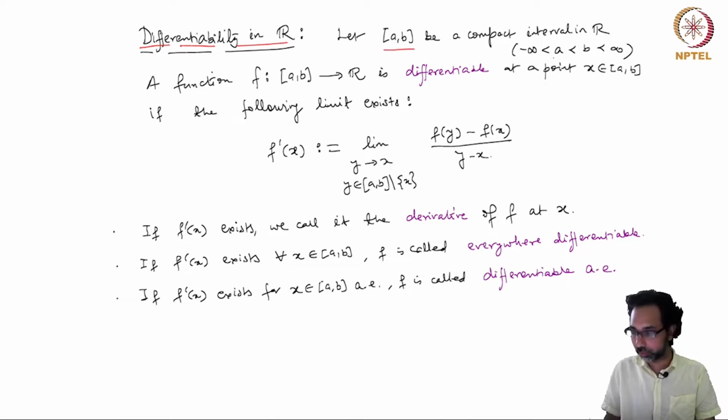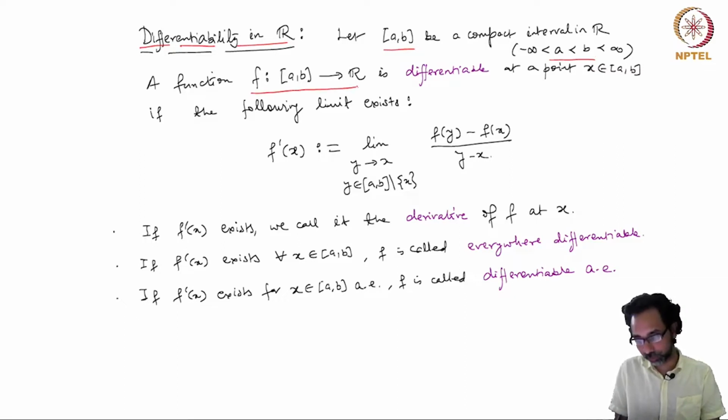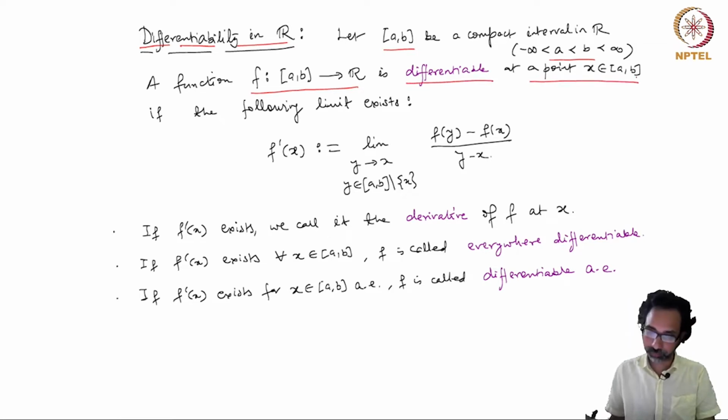So here both a and b are finite real numbers, and we consider a function f from [a, b] to the real line. So this function is called differentiable at a point x in [a, b] if the following limit exists.